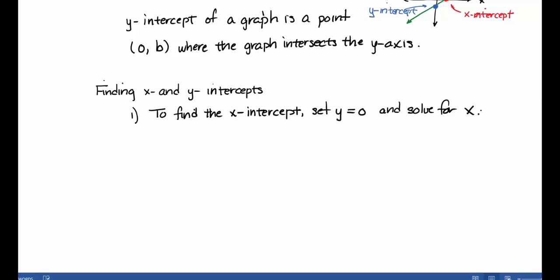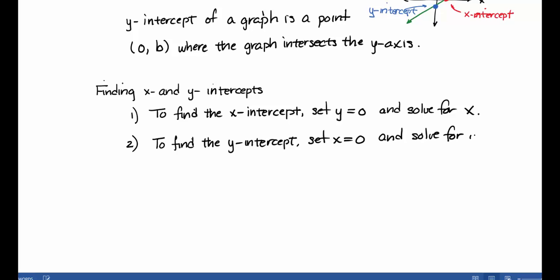Right, so the opposite coordinate goes to 0 when we solve for the x value. So guess what happens when we're trying to find the y-intercept, right? To find the y-intercept, we're going to set x equal to 0 and solve for y.